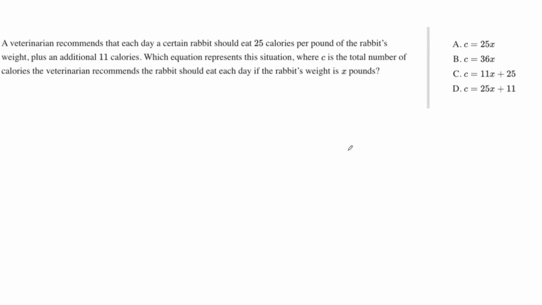A veterinarian recommends that each day a certain rabbit should eat 25 calories per pound of the rabbit's weight, plus an additional 11 calories. So just starting off, I'm saying we have 11 plus 25, we'll say W for weight. Which equation represents the situation where C is the total number of calories the veterinarian recommends that the rabbit should eat each day if the rabbit's weight is W?